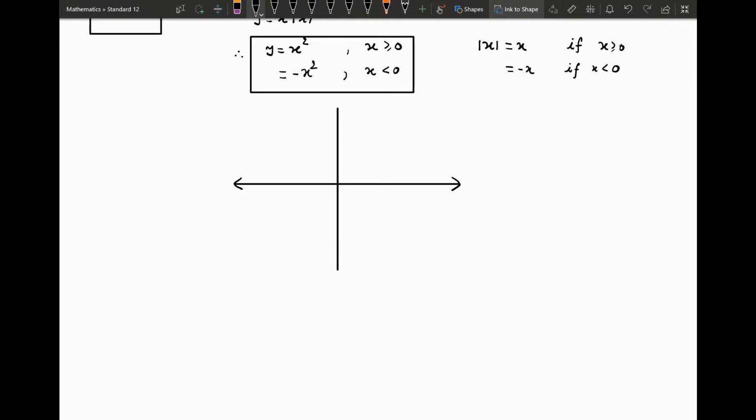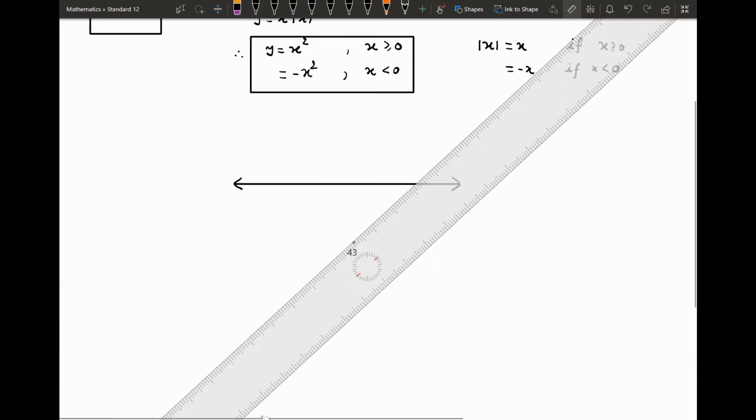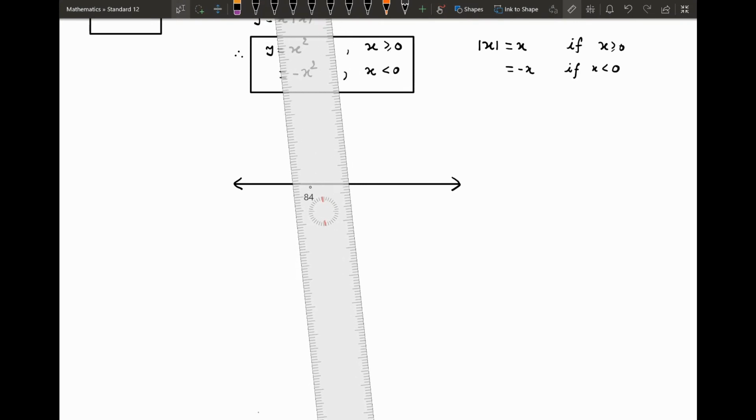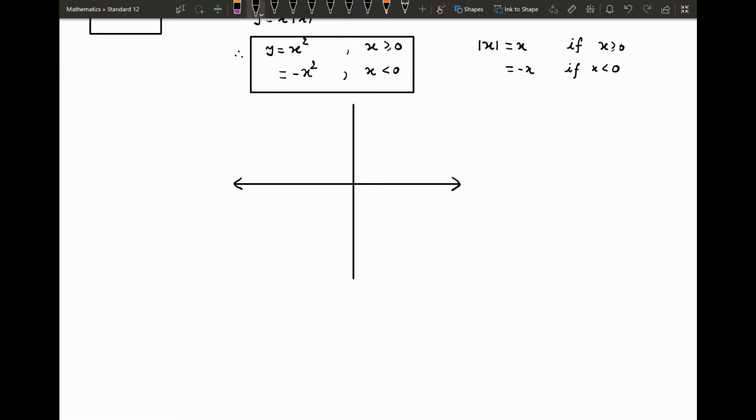You can draw the graph by taking the points, because we are familiar with y equal to x square, it is a parabola, but two different shapes will be there.